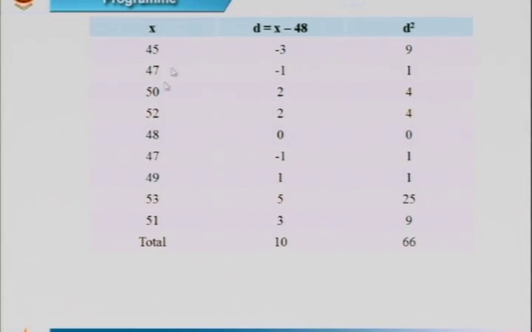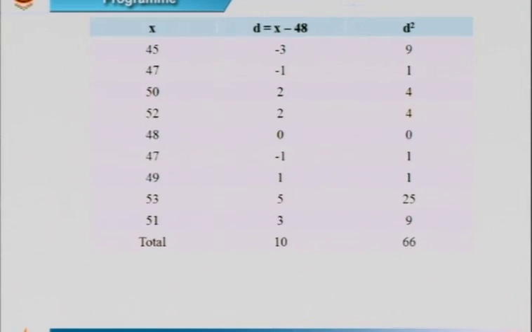Here this table shows all the values, and the arithmetic mean can be calculated by adding all these values. But I go for a shortcut method. I take any one number from these given values of x. How to select that one number? You must identify which is minimum and which is maximum in the series.